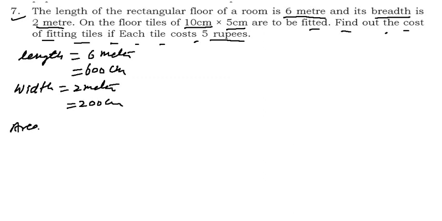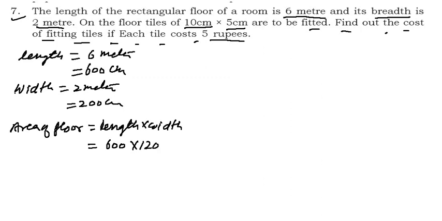So area of floor will be length into width. Length is 600 centimeter and width is 200.